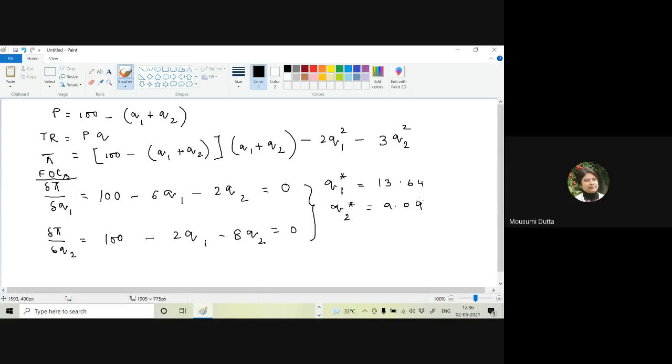So rest of the students, please ensure whether you are getting these values or not. Yes, ma'am, it is the same. Okay. Now, there will be a common price, so once you get these two things, to get P star, because there will be no P1 star, P2 star, only P star.